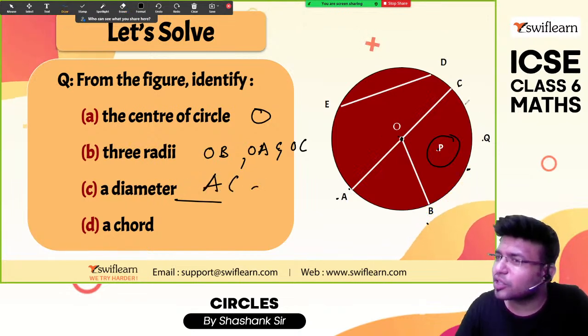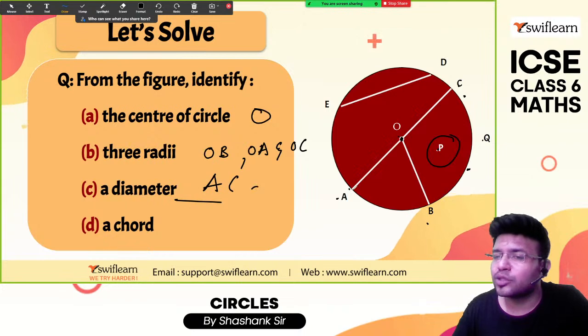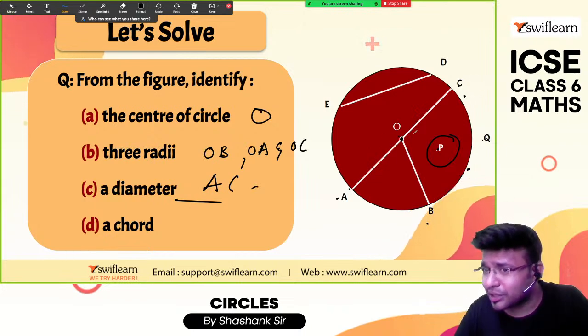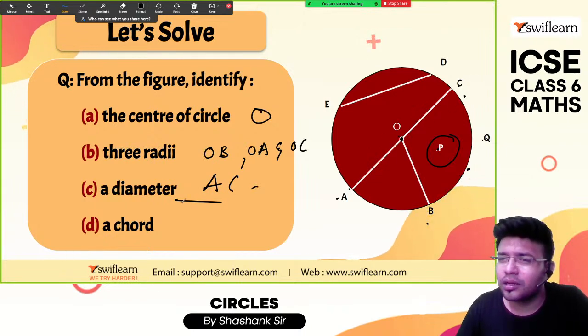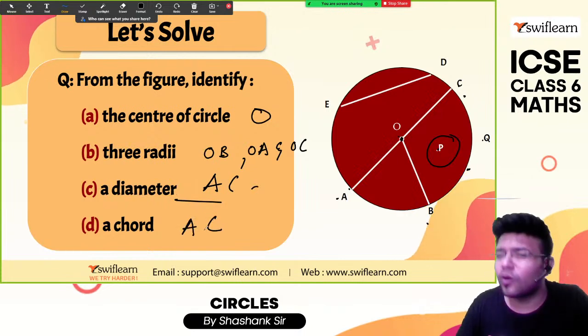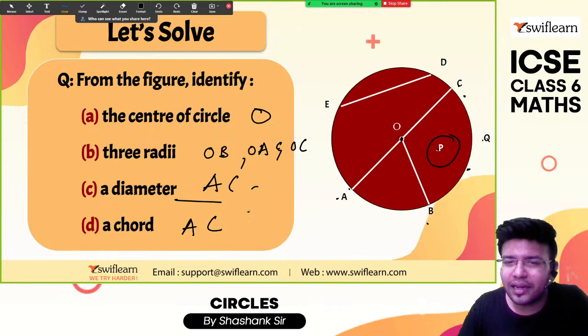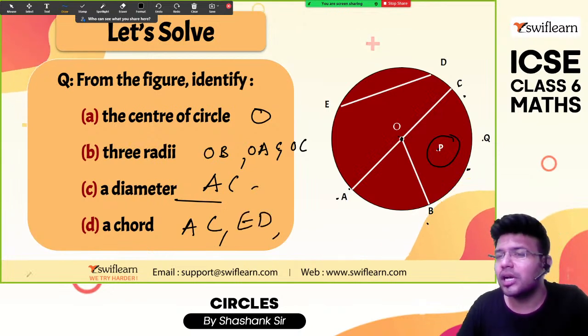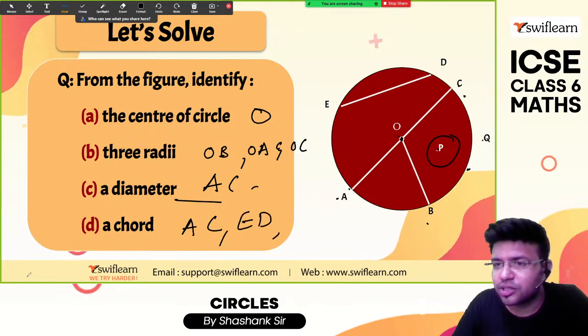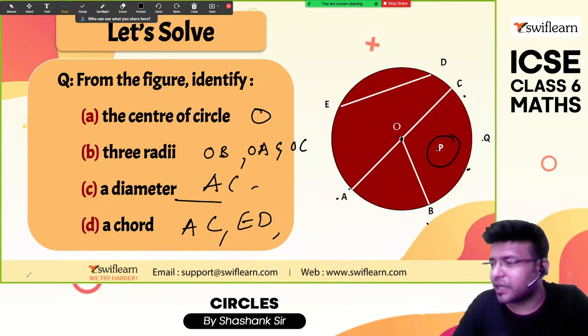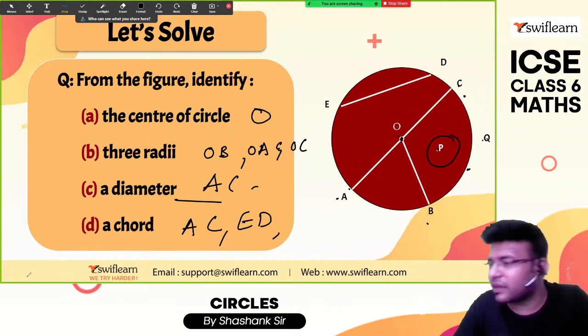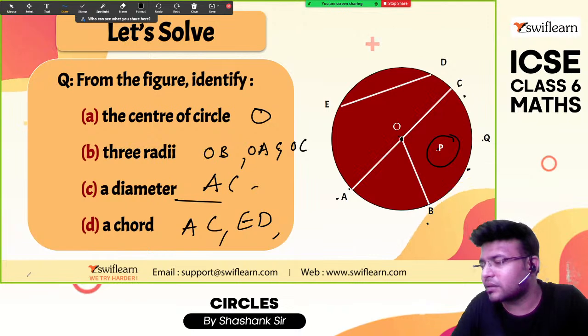See, AC is a chord joining 2 points on a circle passing through the center. And AC is also a chord, diameter is also a chord, the largest chord, and ED is also a chord. Got this? Yes. CA is the diameter, right, Ankrit?